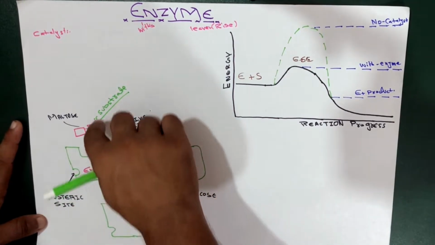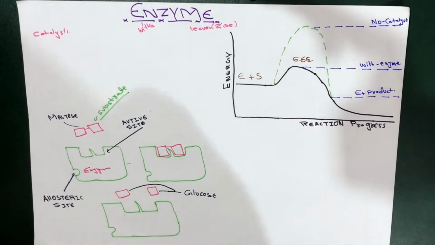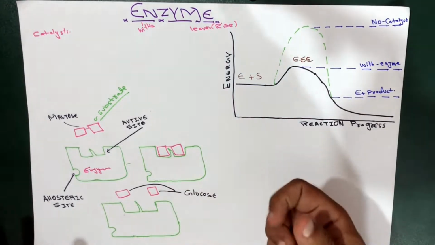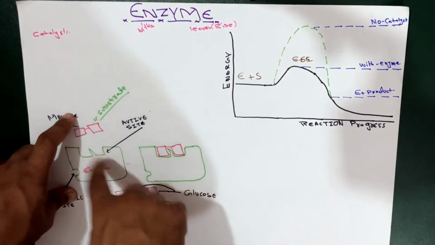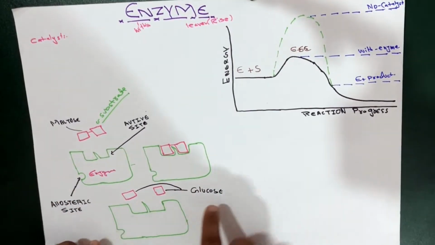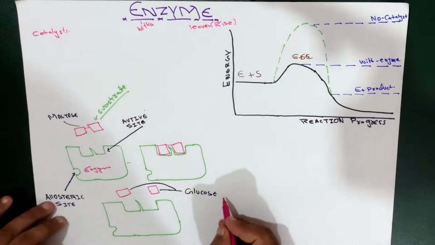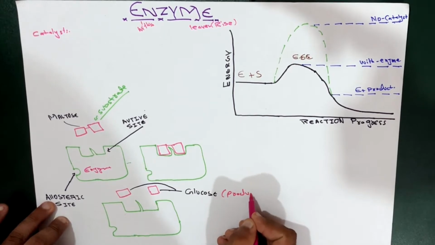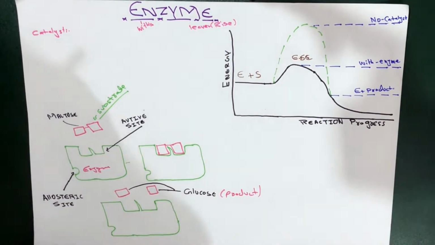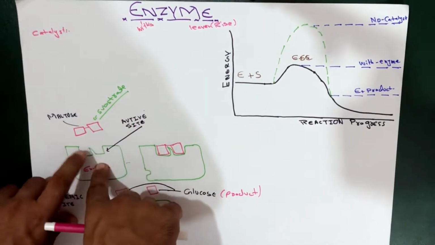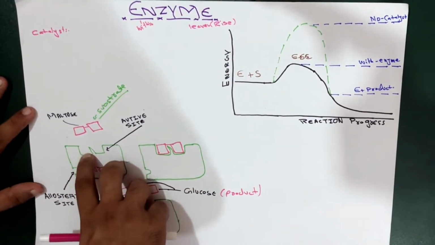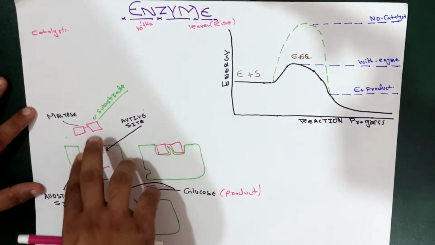This enzyme is going to act on the substrate to convert it into something new, which we call the product. The substrate attaches to the enzyme and is finally converted into the product. This glucose is the final product. So the maltose comes and attaches to the enzyme at the active site. One more thing: the active site is where substrate and enzyme connect to each other.